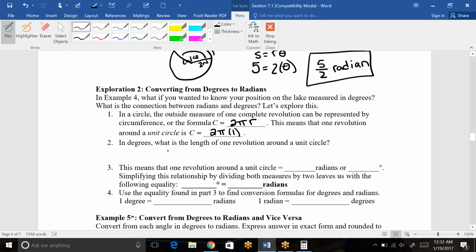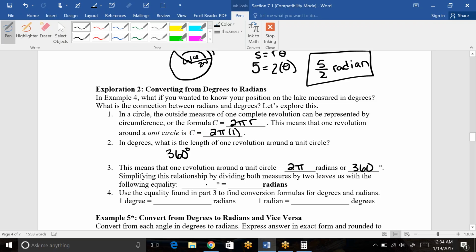In degrees, what is the length of one revolution around a unit circle? Well, we know that the length is 360 degrees if we go all the way around one circle. This means that one revolution around a unit circle is 2 pi radians, or another way of measuring is 360 degrees.